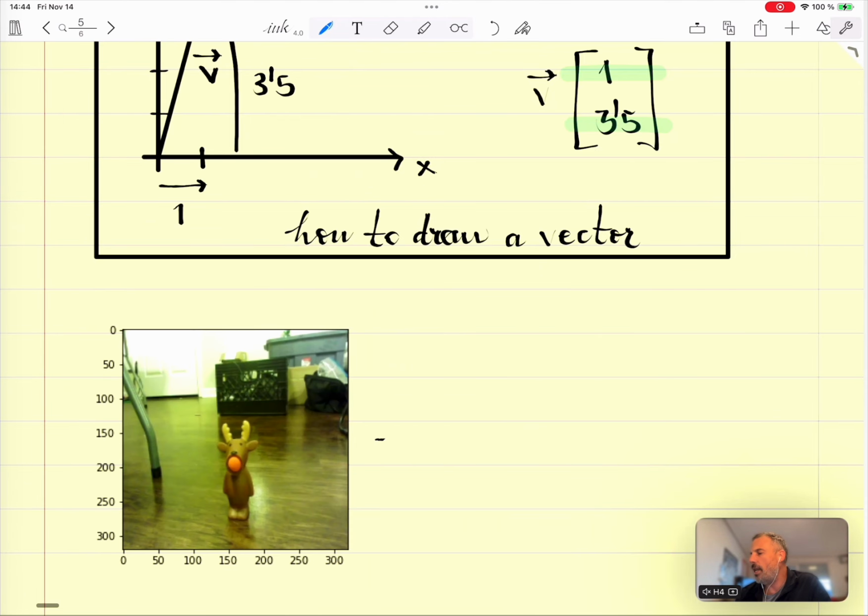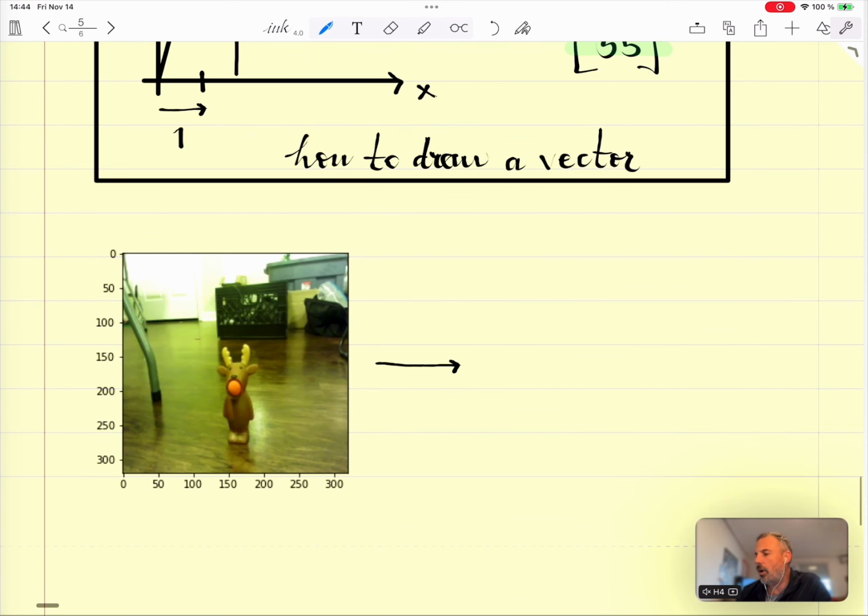If you send it via WhatsApp, you are reducing the dimensions, which is the number of pixels you have.